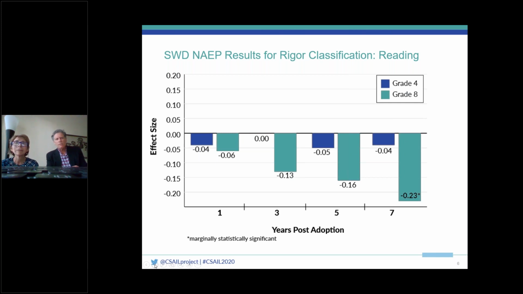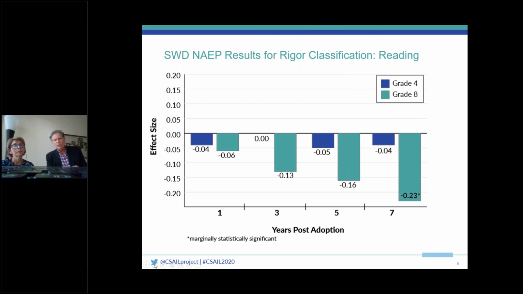What these data show pretty quickly and clearly is that there was essentially no difference, an absence of expected improved performance for students with disabilities in the treatment group of states, as they moved from presumably less rigorous standards pre-2010 to more rigorous standards post-2010.